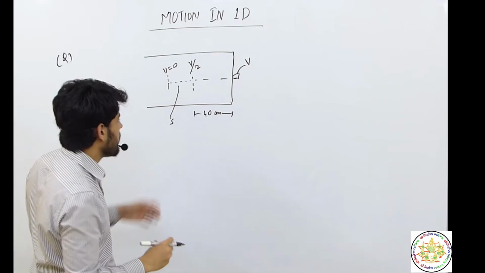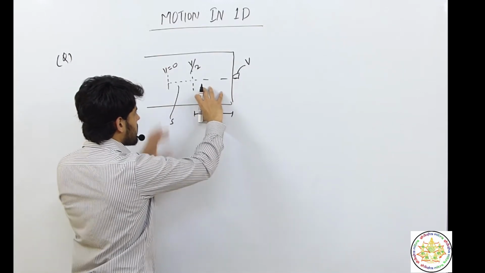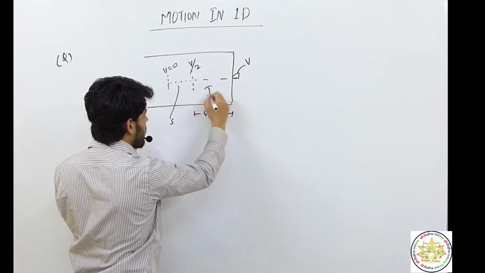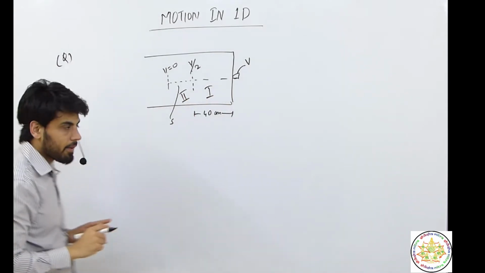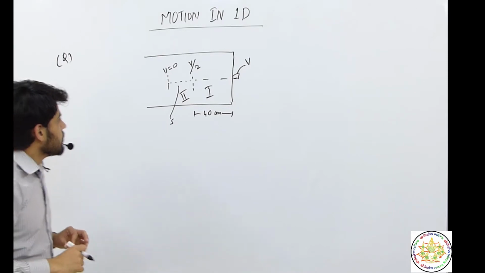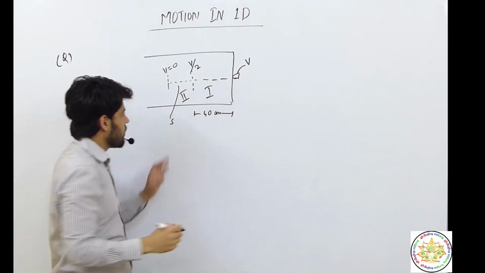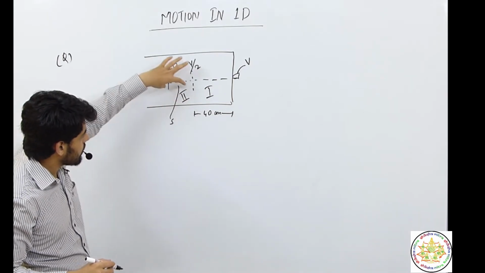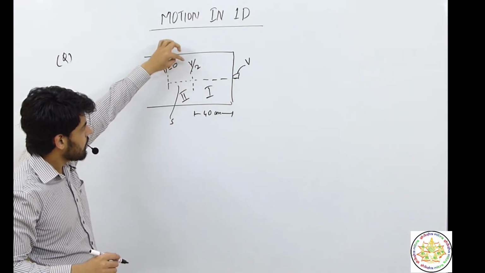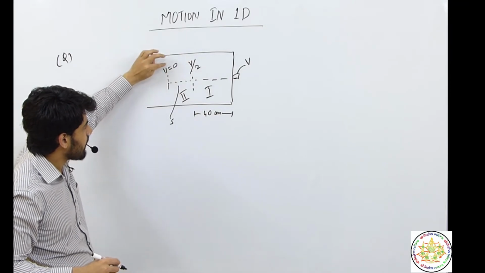So we will consider here two cases, 1 and 2. This is first and this is second. We have to calculate this distance for this phenomenon. For the second case, the initial velocity will be this, final will be 0.